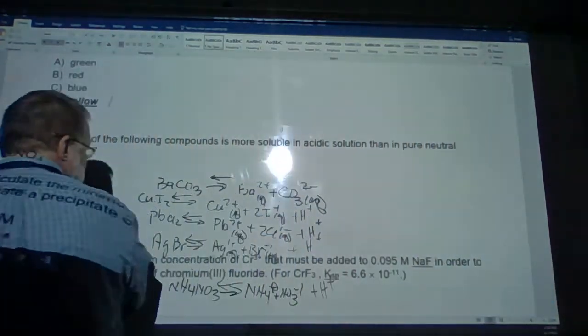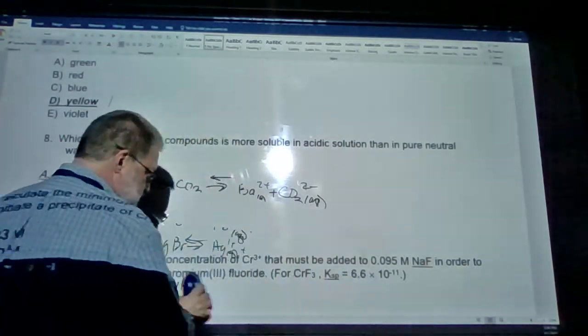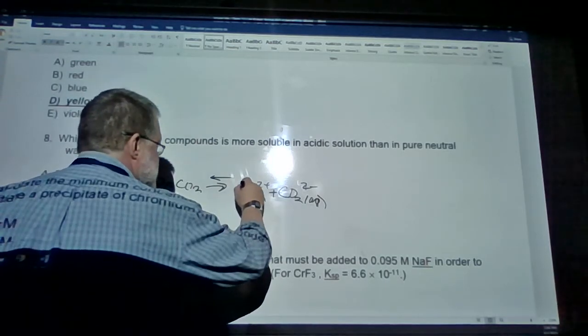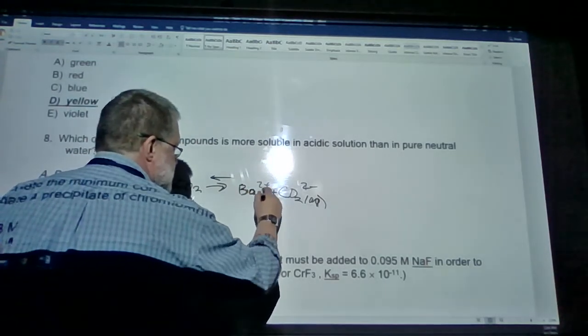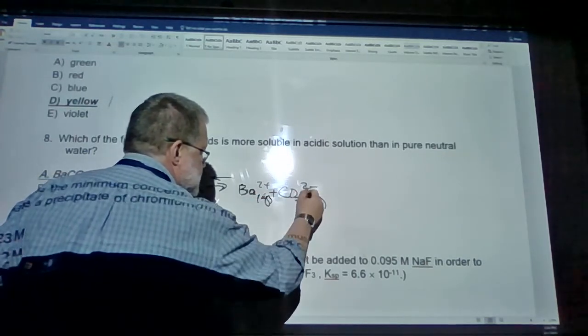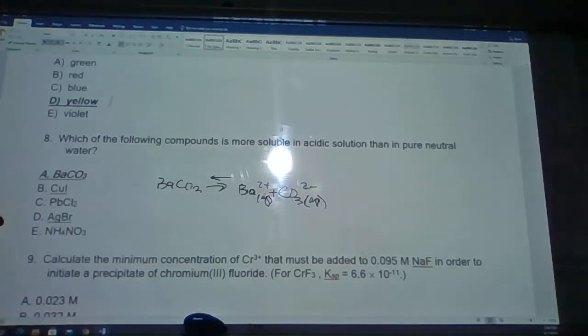Let's look at barium carbonate. We have barium cations and carbonate anions.